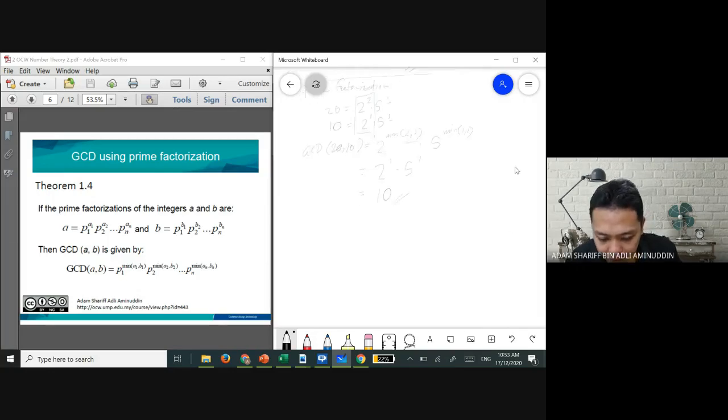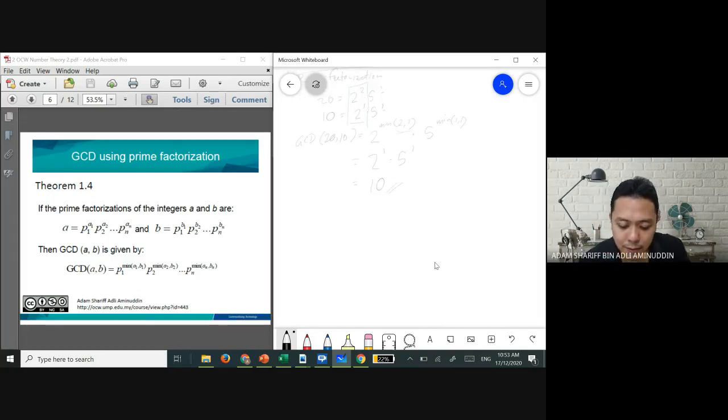Okay, let me show you another example. Find GCD between, I take 49 if I may, 49 and 25. Alright, by using prime factorization, please.